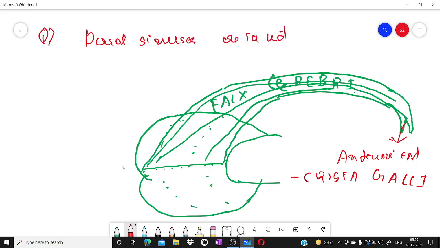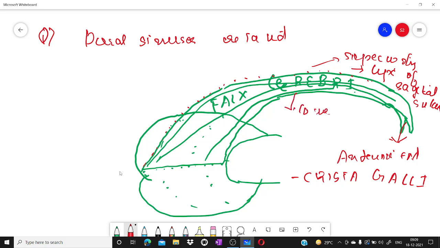Before that, you have to see the superior attachment. Superiorly, it is attached to the lips of the sagittal sulcus. Now we can see the lower margin. It is concave and it is free.